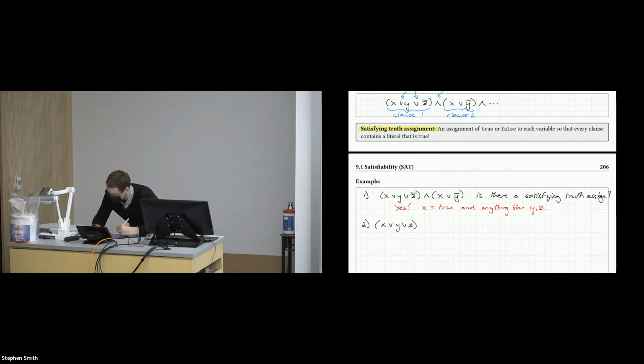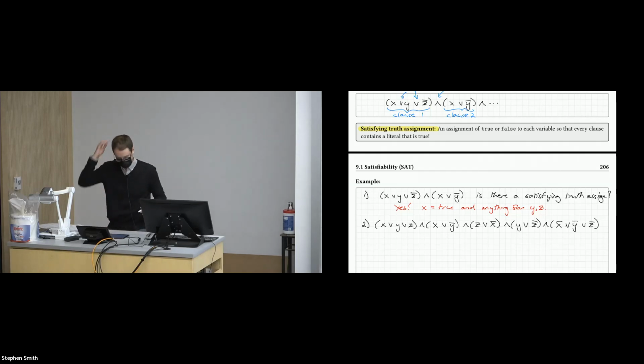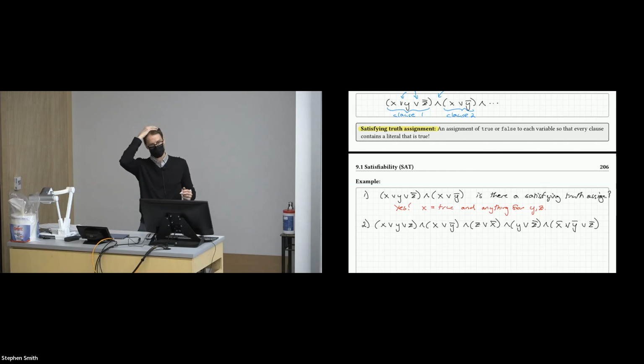So let's say I have X or Y or Z, and X or not Y, and Z or not X, and Y or not Z, and not X or not Y or not Z. Okay, it's long, but it's actually kind of an interesting one.